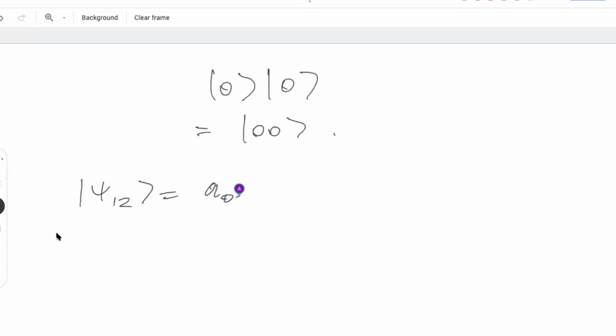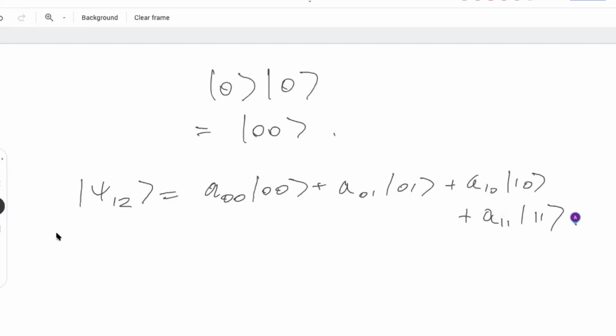so this state here, I give you this state here.